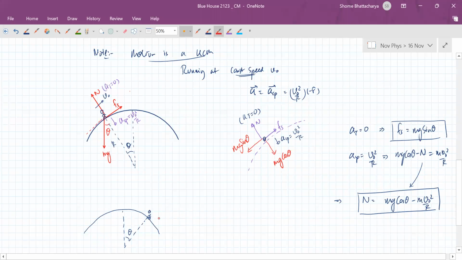so when he's here, you will see that this time he'll have to generate static friction like this, but the same thing will apply here also.